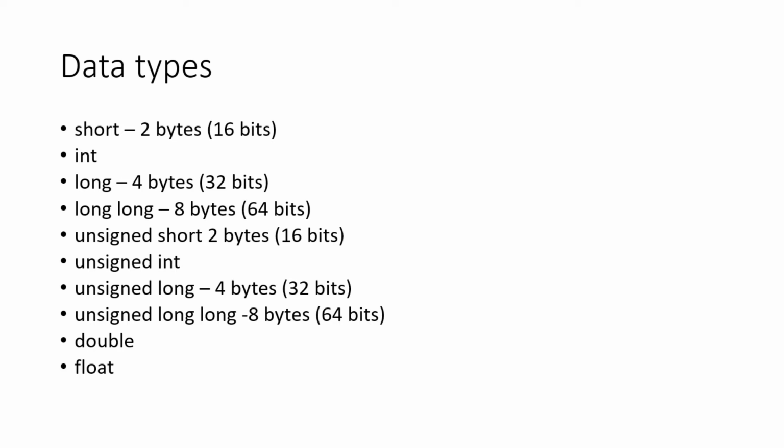Short, honestly, let's say if you use a long, and if something is a short number, a small number, let's say it's 12 or a single digit number, you can still use a long. But for my purposes, I tend to use integer quite a bit. And you'll see examples of it later on. So don't let the size of each one of these scare you. You don't have to memorize it.